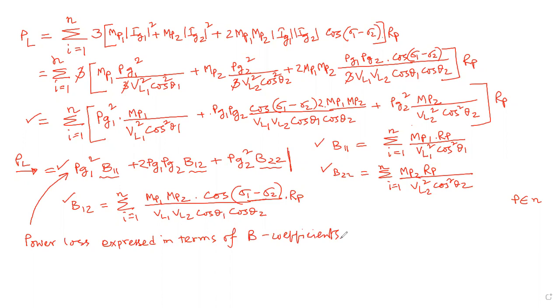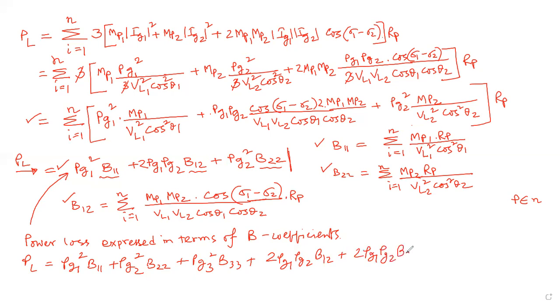For 3 machines, it would be PG1 squared B11 plus PG2 squared B22 plus PG3 squared B33 plus 2 PG1 PG2 B12 plus 2 PG2 PG3 B23 plus 2 PG1 PG3 B13 or B31.